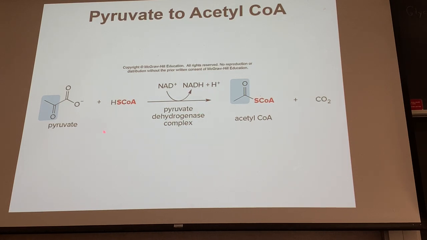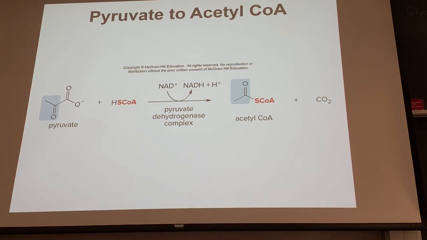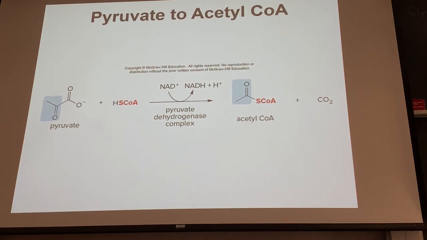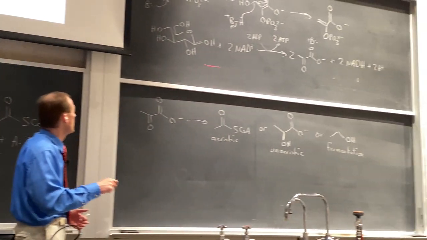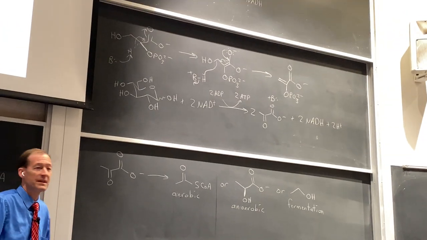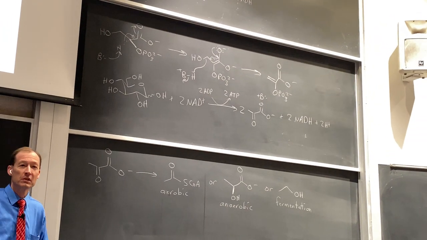So this occurs as long as there is sufficient NAD plus, right? Even though NADH is the molecule that is used for energy storage, the reduced coenzyme, we have to have enough NAD plus in the cell to perform glycolysis. If you look at our net equation of glycolysis, it requires 2 molecules of NAD plus for every 1 molecule of glucose.